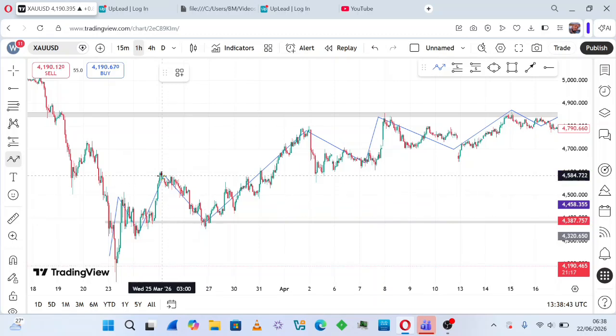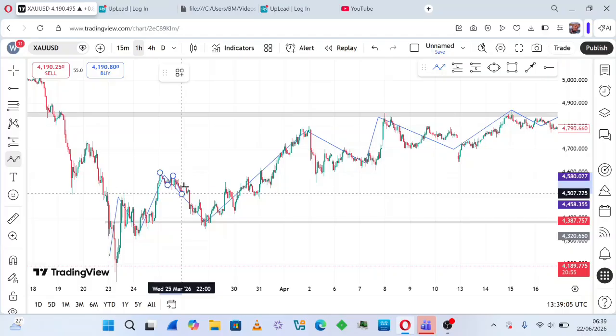Notice how the market moves. In the 4 hours time frame, this is just three to four candles that form this movement. But in the 1 hour time frame, there are a lot of waves that form that movement.